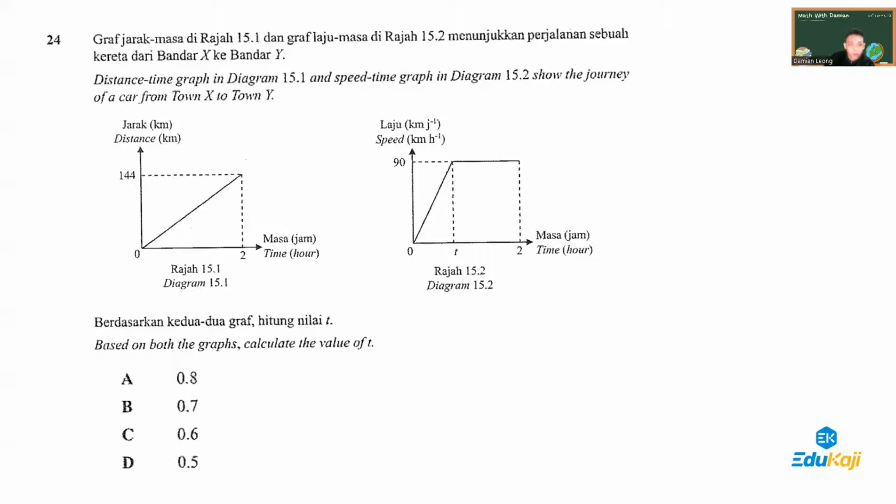Question 24. I have a distance against time graph and a speed against time graph here, showing the journey of a car from town X to town Y. Based on both graphs, I want to find the value of t.